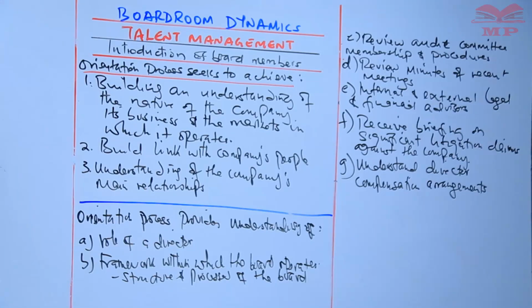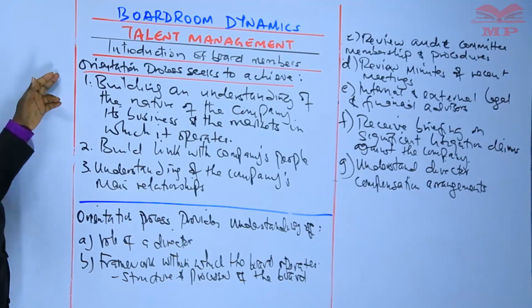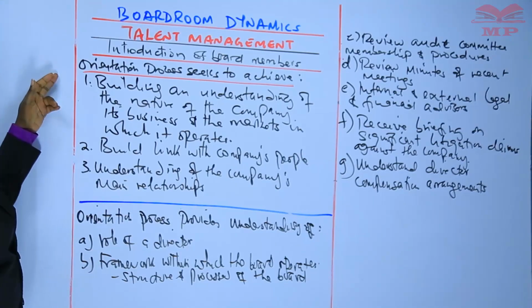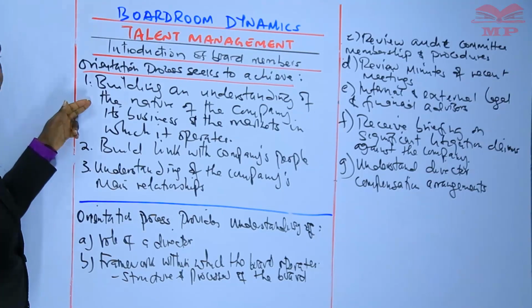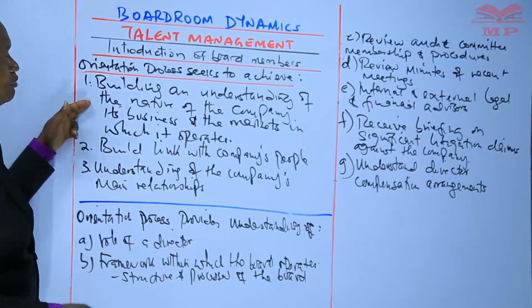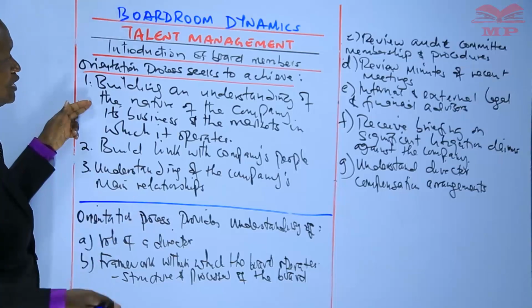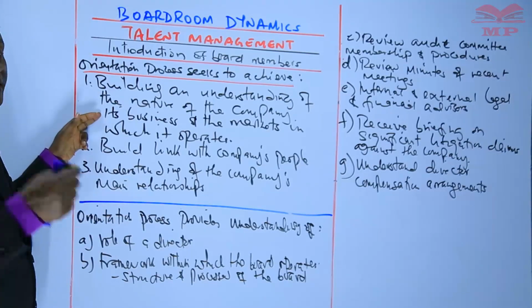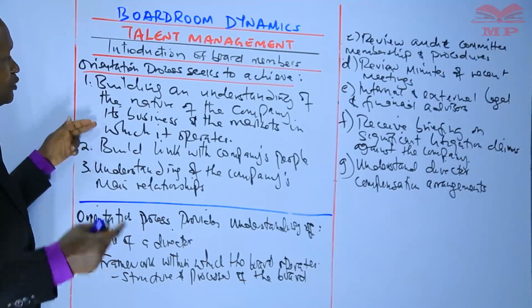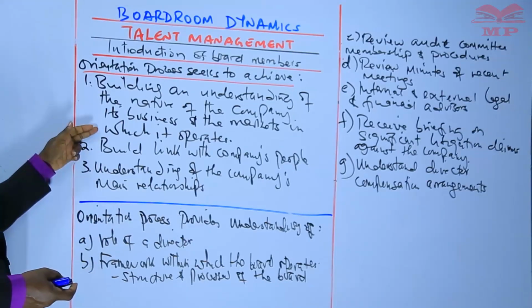In this lesson, candidates, we have achieved 2 things. We've explained what the orientation process seeks to achieve. We said that an orientation process seeks to build an understanding of the company. The purpose for introducing a board member or orienting a board member is so that the board member can understand the nature of the company, its business, and the markets in which it operates.